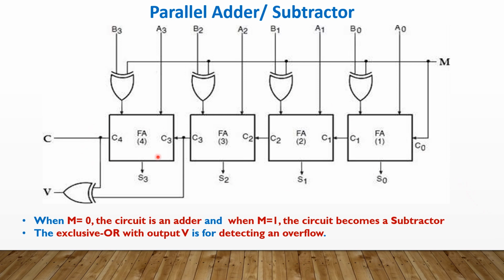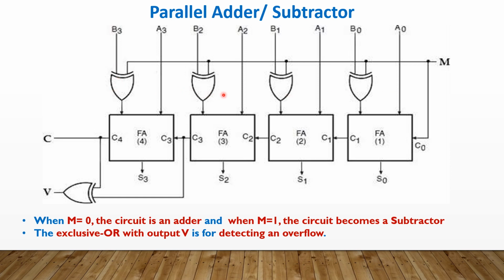So here we will be using 4 full adders again. Here also we are going to perform addition as well as subtraction for 4-bit numbers. So the first number is A3, A2, A1, A0, and the second number, the addend word, is B3, B2, B1, B0, which is given to one of the inputs of the XOR gates.